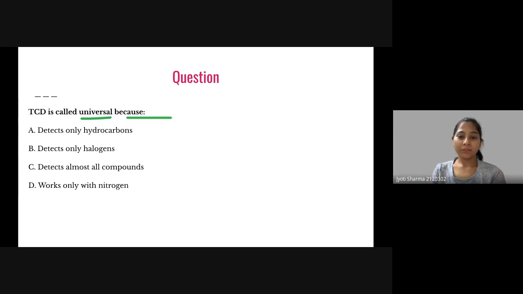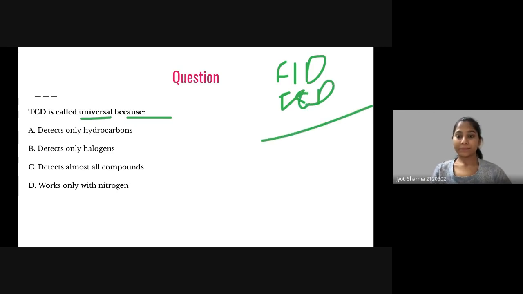And can you tell me the full form of this TCD? We talked about FID, flame ionization detector. The second detector is TCD. So what is TCD?